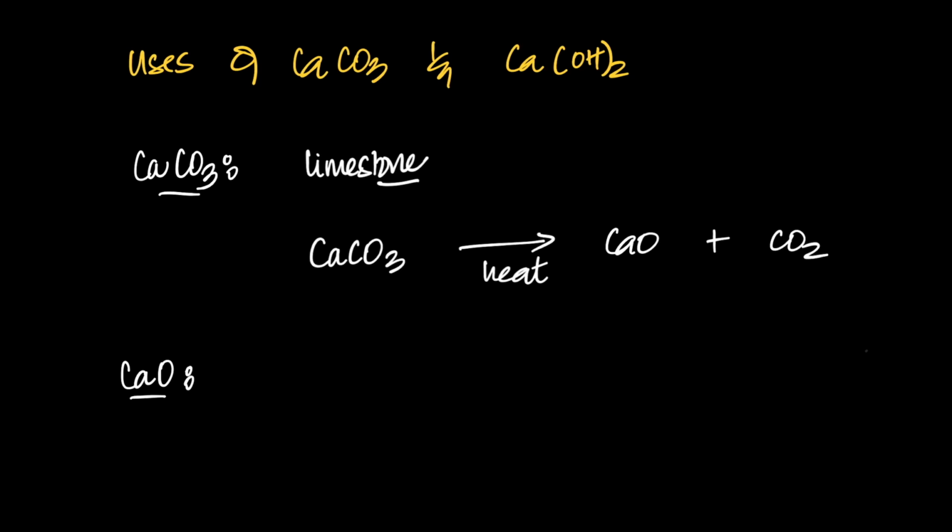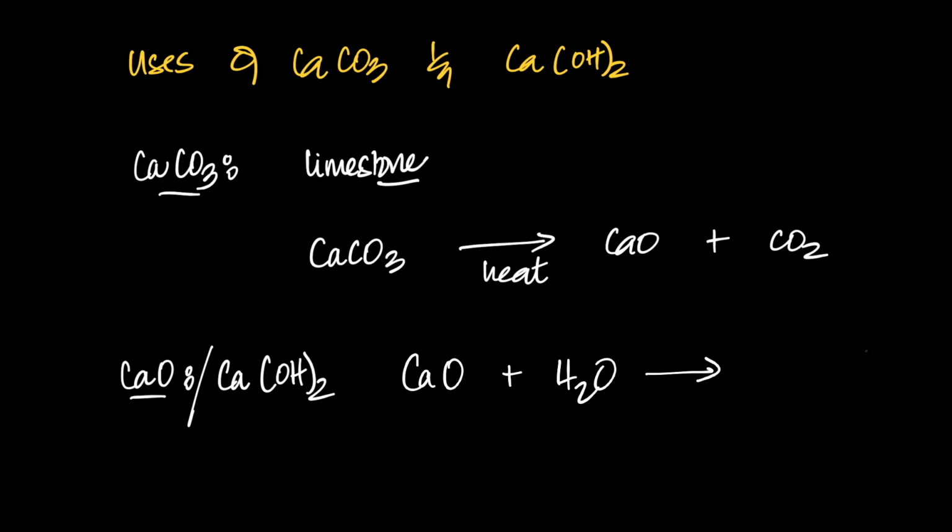Now, calcium oxide can actually be converted to calcium hydroxide. In addition to calcium oxide being used to make cement, you can also use it to make calcium hydroxide by simply adding water. So if you add water to calcium oxide, it becomes calcium hydroxide. And the beauty of calcium hydroxide is it's pretty cheap, and because it's alkaline in nature, it is used to reduce acidity in soils.